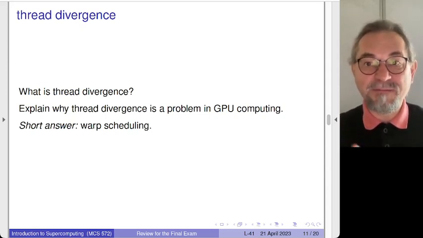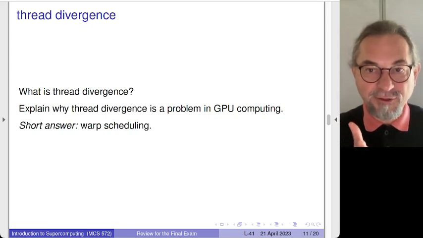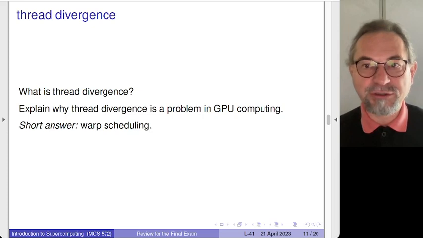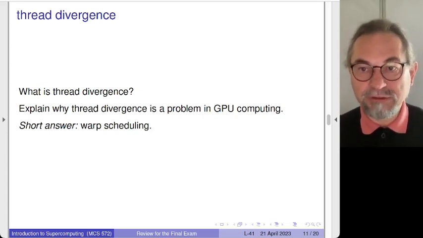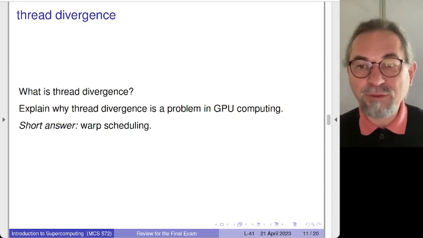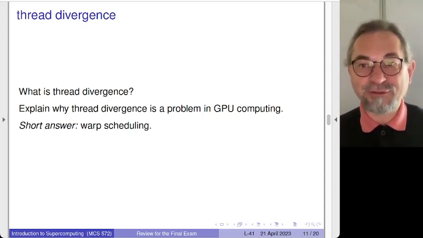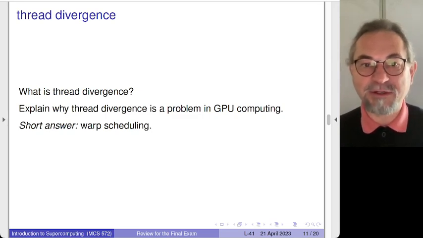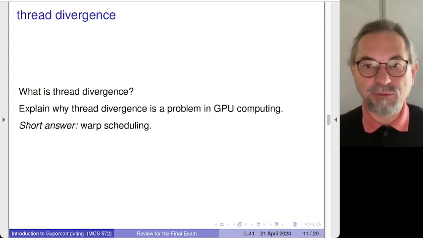Even if you see the if as one computation, the test is often very quick. But if you would do, say, a loop within the then part, then all the other threads would also need to do the else part, because all the threads are operating as one unit of 32.